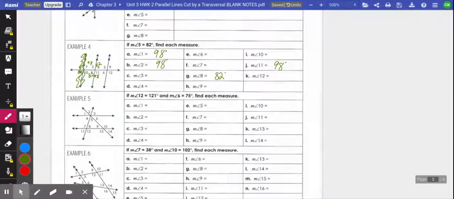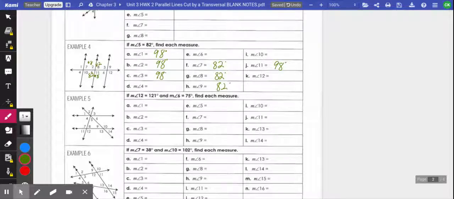Well, angle 2 now is corresponding to angle 3, so that's also 98 degrees. All right. Well, how about angle 8? Where does angle 8 correspond to? Angle 8 corresponds to angle 7. And angle 8 also corresponds to angle 9. They're both 82.